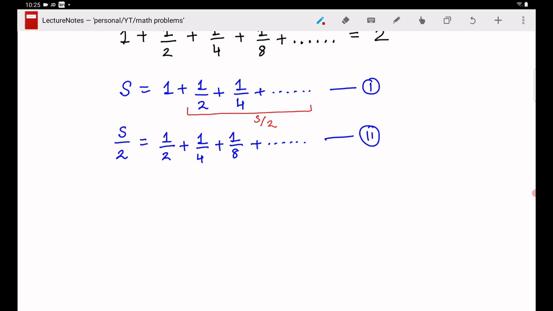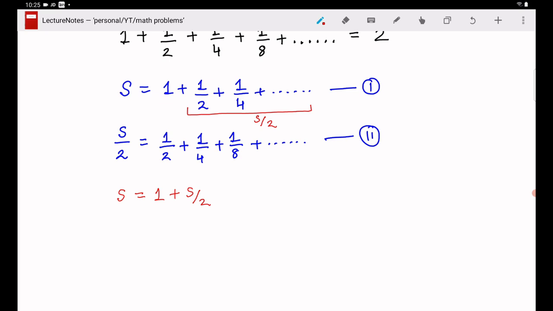So we can write S is equal to 1 plus S by 2. That is why the trick works, not because the answer is 2, because the series contains a scaled version of itself. What if the answer wasn't 2?